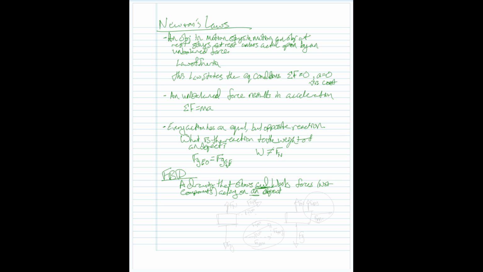So we need to draw all of our forces. We need to label all of our forces, and all of our forces are applied to one object. If we have multiple objects, we need multiple free body diagrams.